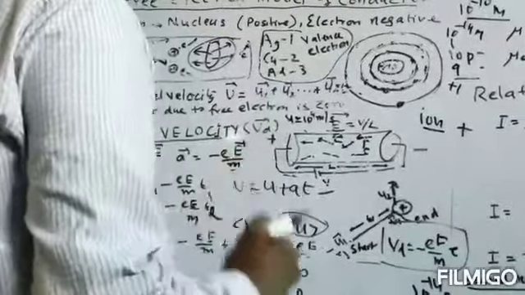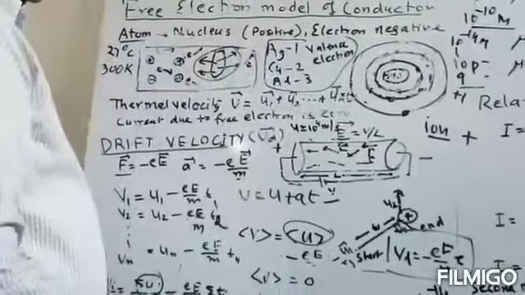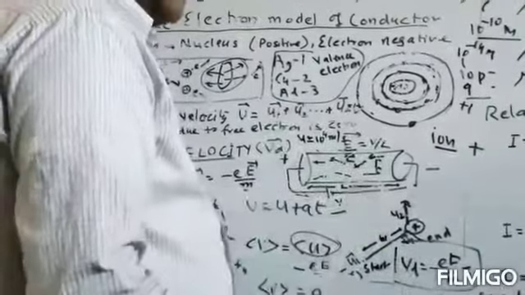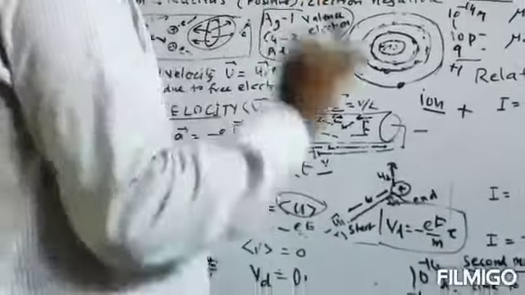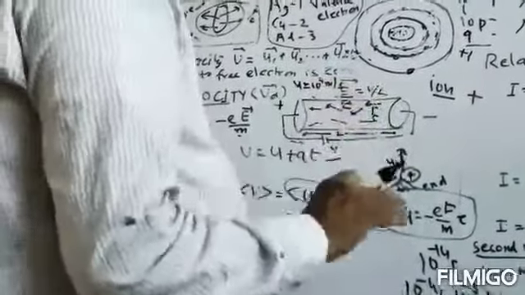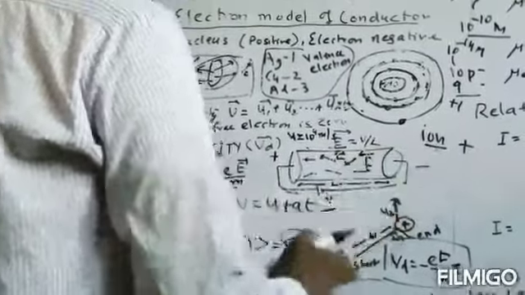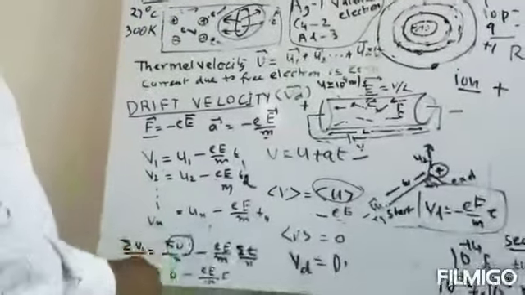Thermal velocity is of the order of 10 raised to 4 meter per second. So we can say the drift velocity is very small in comparison to the thermal velocity of the electron. So in this way we can define the drift velocity.